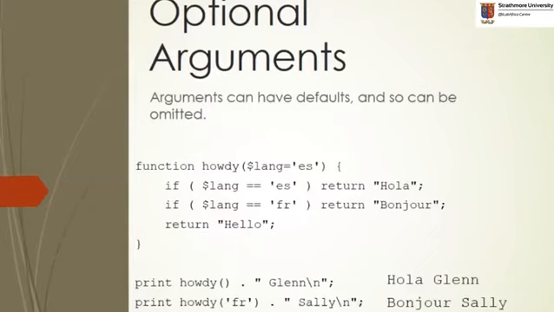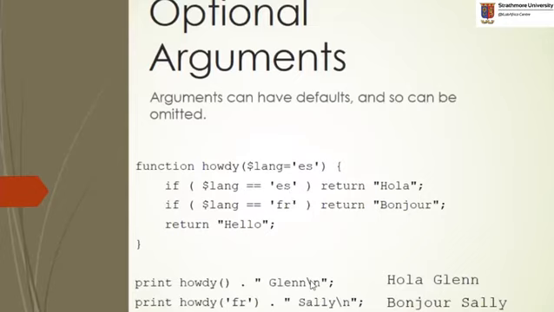Optional arguments are those that have defaults, and that means they can be omitted. If we call this function howdy, it receives language, but it has a default which has been set as English. You see the second last statement down there, which is calling howdy without any argument being passed.